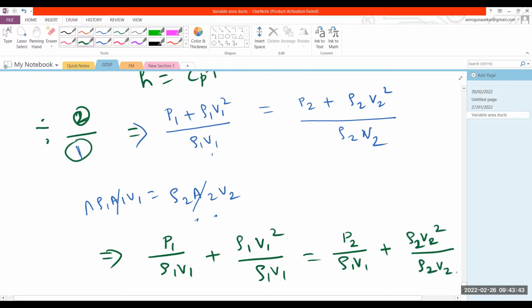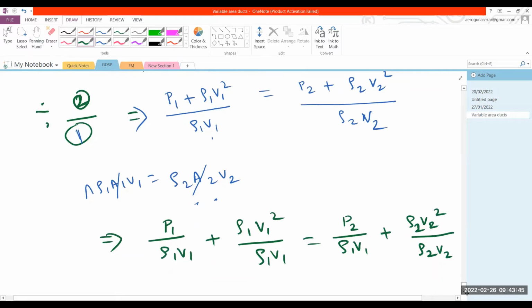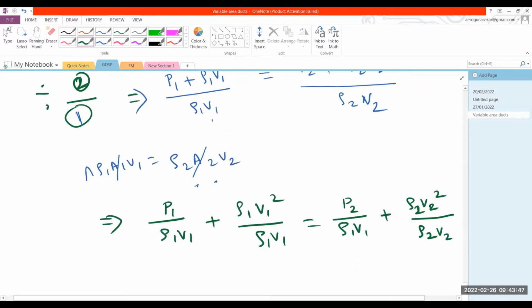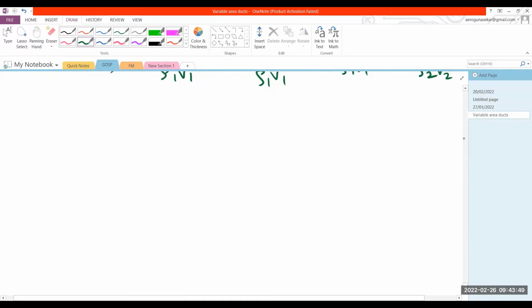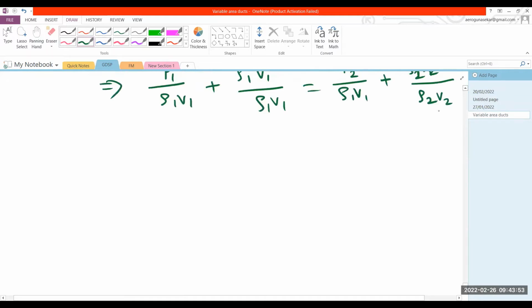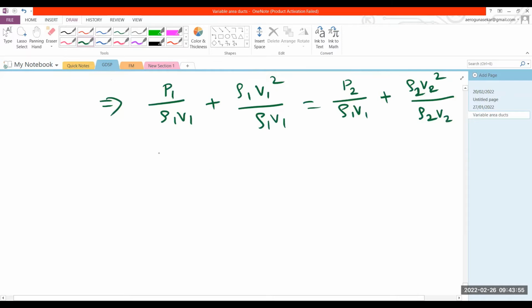Taking the continuity equation, on the left hand side, subscript 1, it is rho 1 V1, and on the right hand side, subscript 2, it is rho 2 V2.